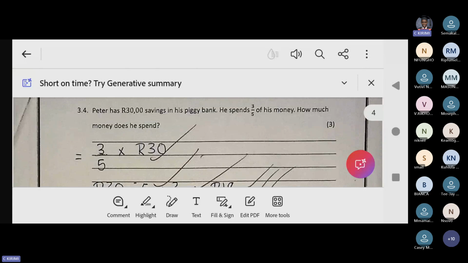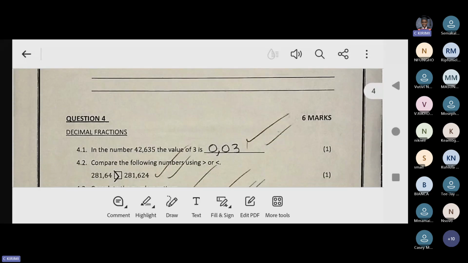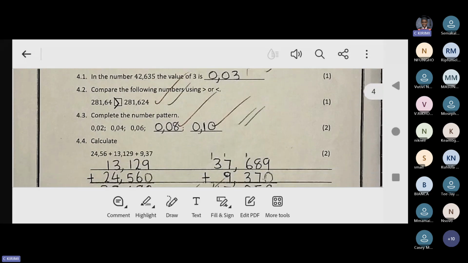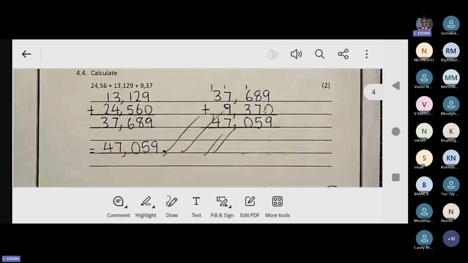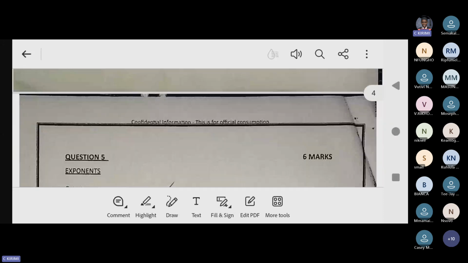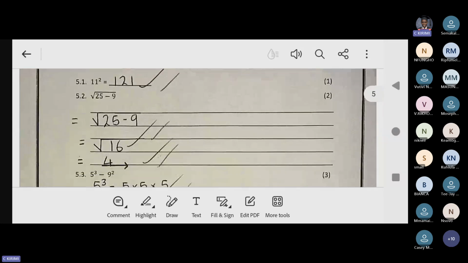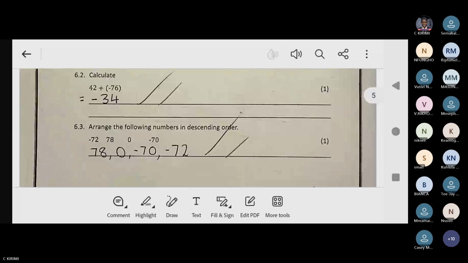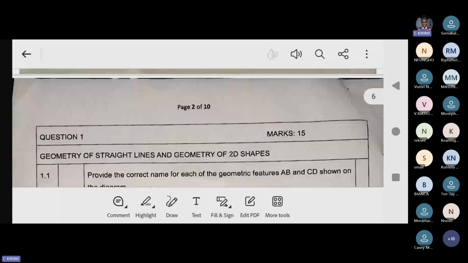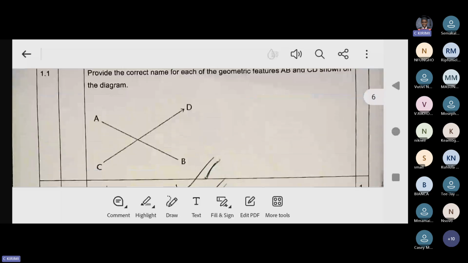Some questions for decimals apply for both grade 6 and grade 7. We are going to revise that as well. So you'd rather be there until the end of the session if you are in grade 5, grade 6, and 7. There are some questions which are similar, so we are attempting both of them.